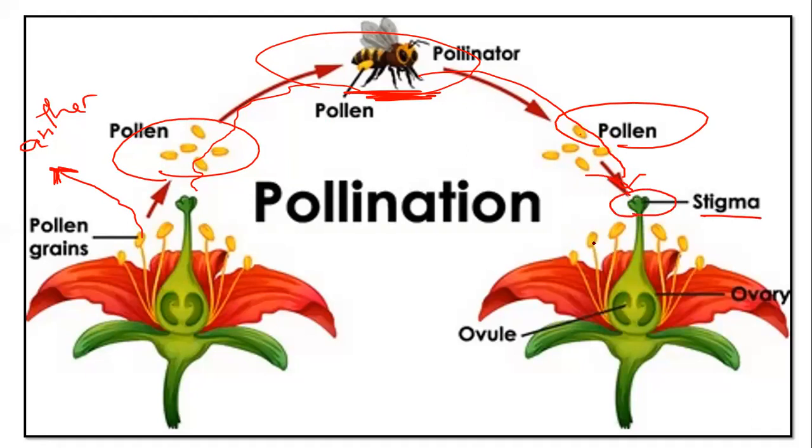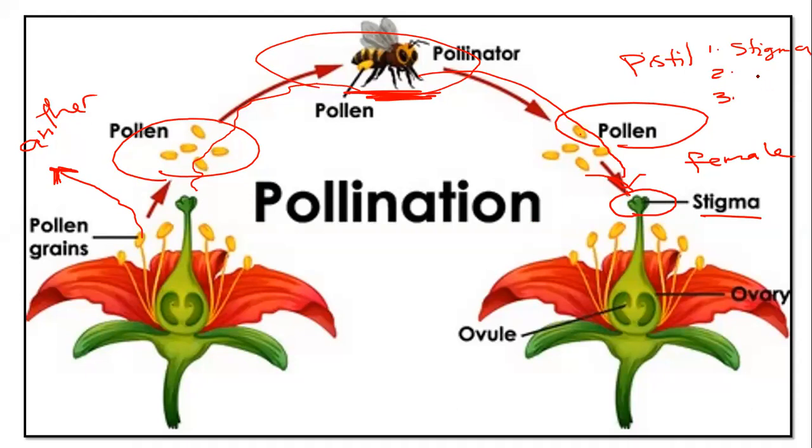Stigma is the female. Do you remember the pistil? Number 1, 2, 3. What is number 1? Stigma. Number 2? Style.